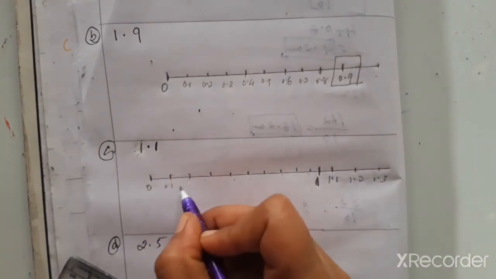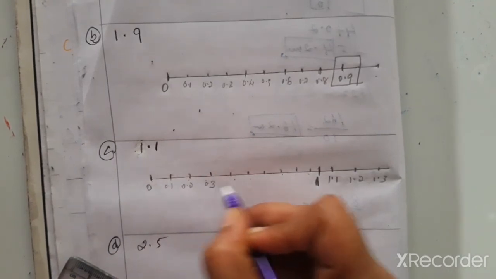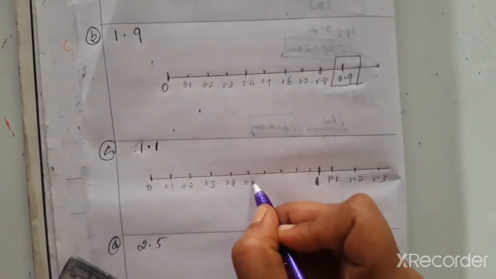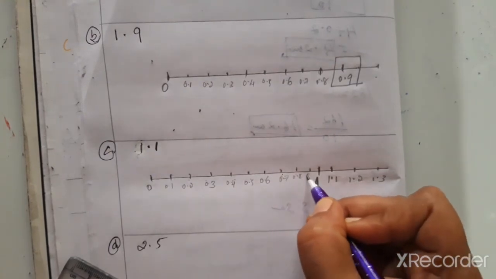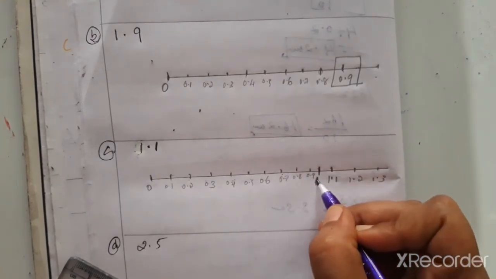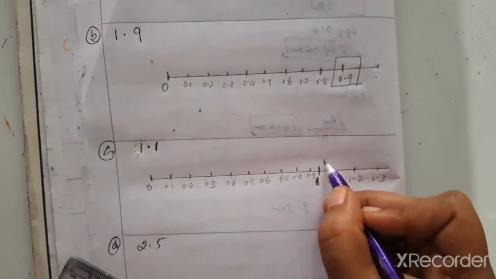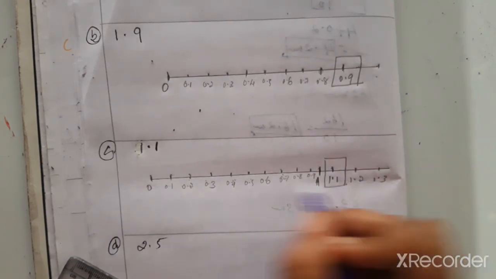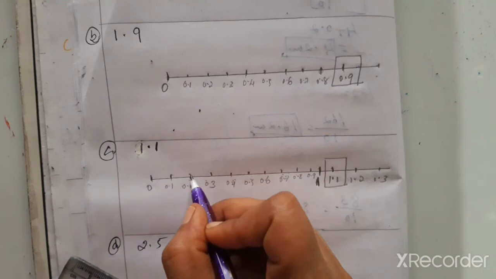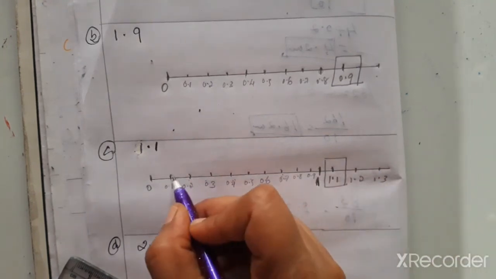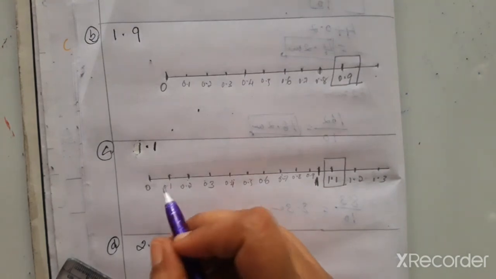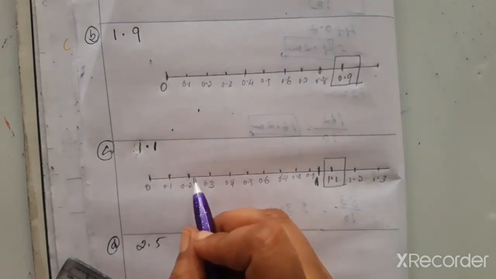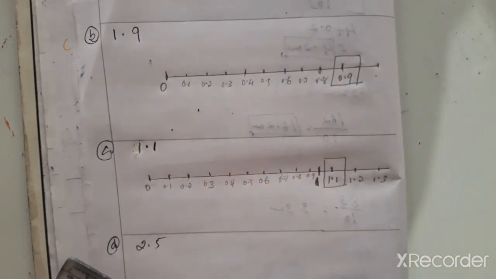Between 0 and 1 are 0.1, 0.2 up to 0.9 and 1.0. So that is 1. Then 1.1 will come here, next. It is not necessary to mark the points properly, meaning the distance. I took 1 centimeter as 1 unit.